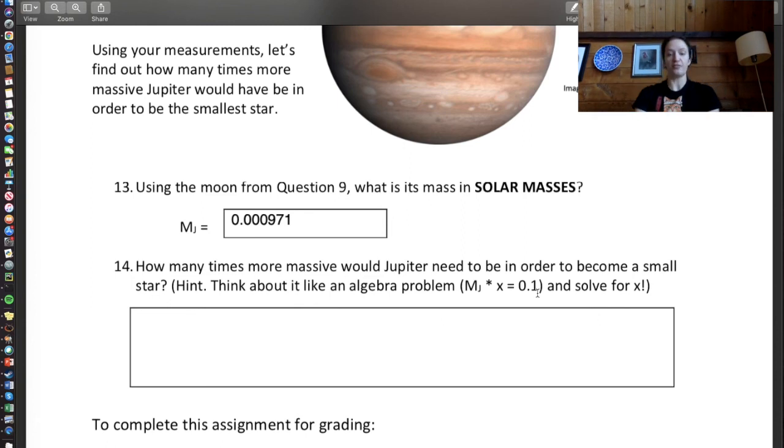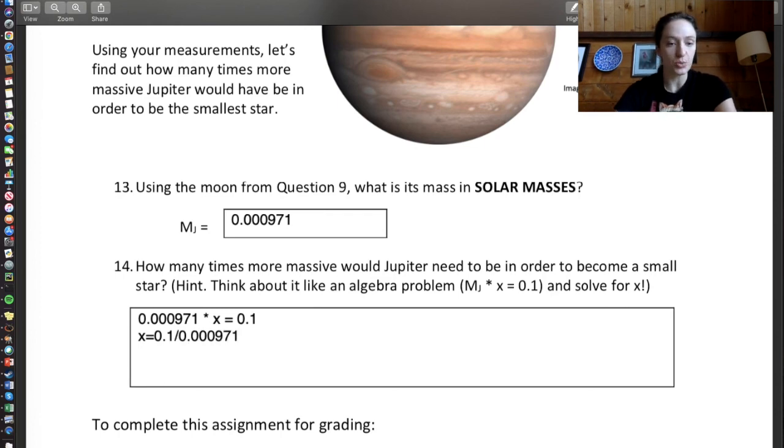So the way to solve for this is you have 0.000971 times x equals 0.1. So then you can just move things around. You can divide both sides by 0.000971, and you're left with x equals 0.1 divided by 0.000971.